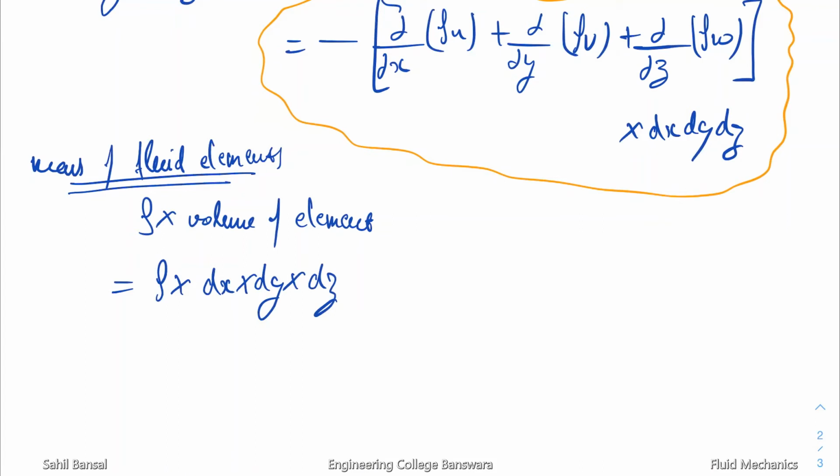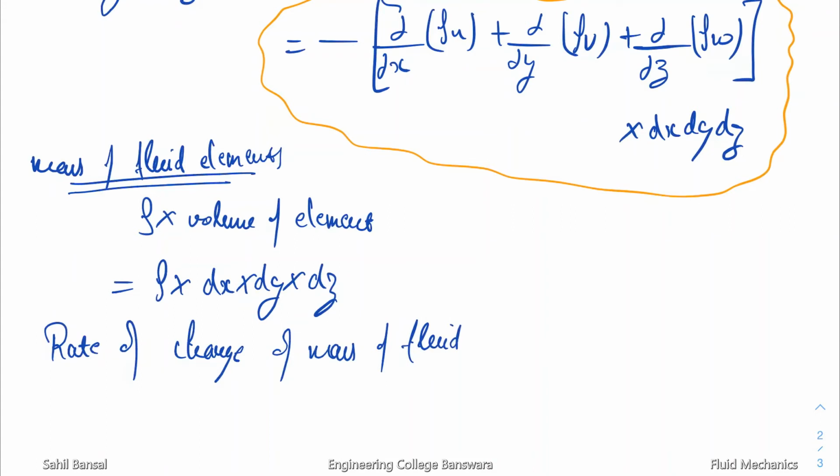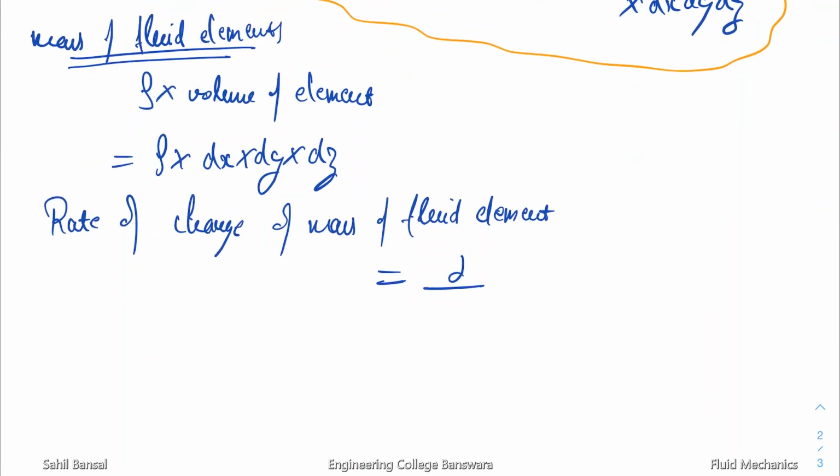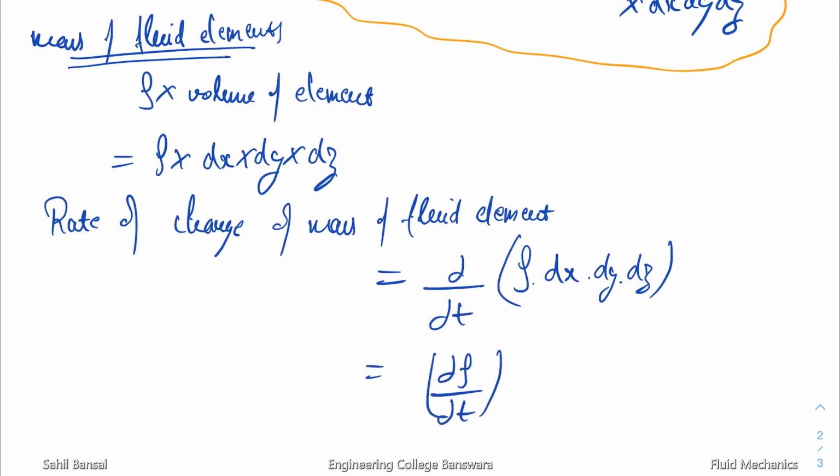Fine. And what will be the rate of change of mass of the fluid element? It will be del by del t rho dx dy dz, which can also be written as del rho by del t, because my elemental length is not changing with time, only density can change.